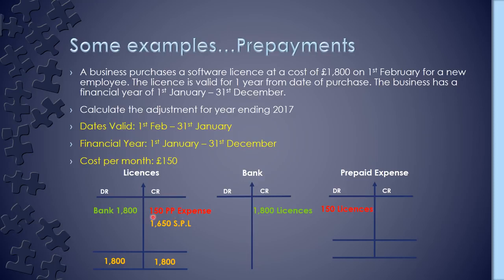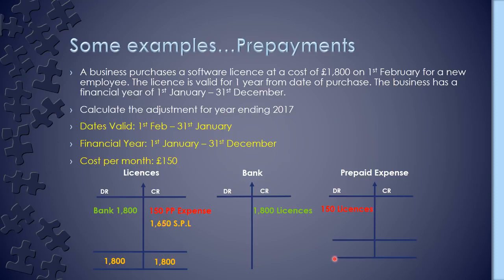So this figure here then becomes what gets entered as an expense, as a debit, on the statement of profit and loss. Now this does then go on to drawing up your statements and your extended trial balance. I'm not going into that in this particular presentation, but this just shows you how that figure then moves. So the other side of that entry there would be that it gets debited into the statement of profit and loss.